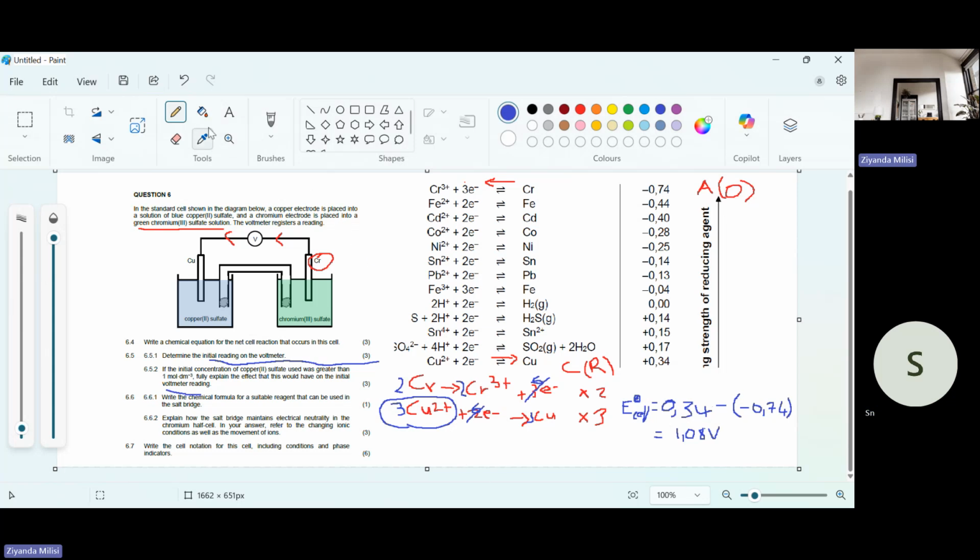Okay. Now, if you look on your reaction, you've got two reactants, Cr and Cu. These are your agents. If the question asked you what is a reducing agent and what is an oxidizing agent, you must be able to identify them by yourself.